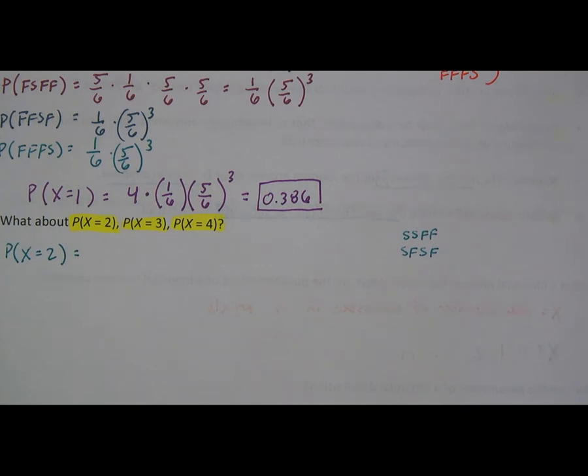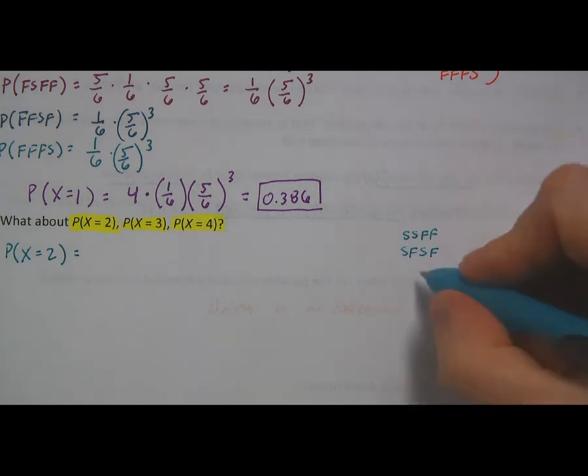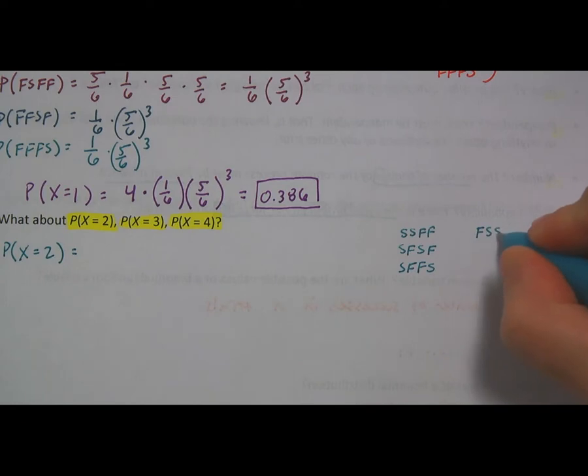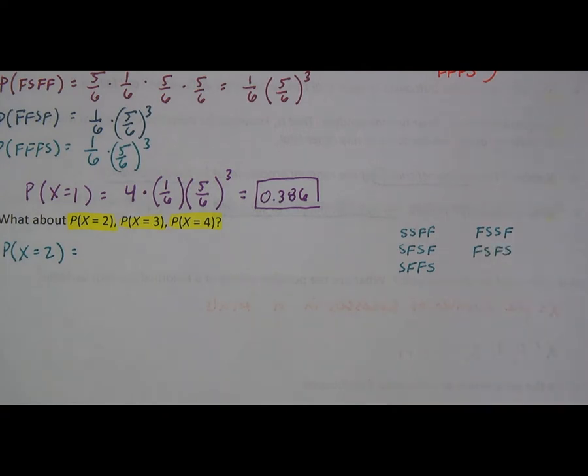If you want to go on your merry little way, go ahead. But stay organized. Success, fail, fail, success. Fail, success, success, fail. Fail, success, fail, success. Or fail, fail, success, success.